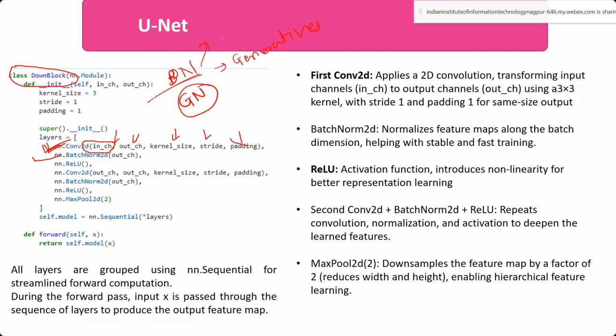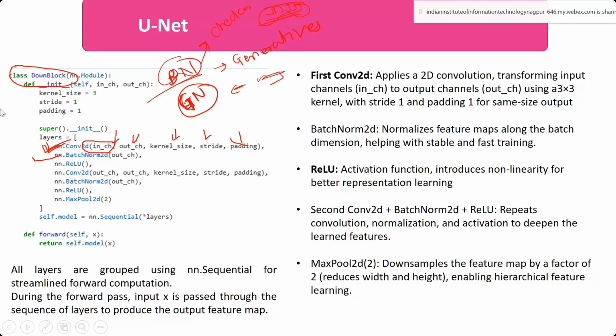There is a checkerboard problem. While generating images, a checker, grid-like structure will appear there. To avoid that grid-like structure, we go with group normalization. This is batch-wise normalization; for a single sample, we do channel-wise normalization in group normalization.